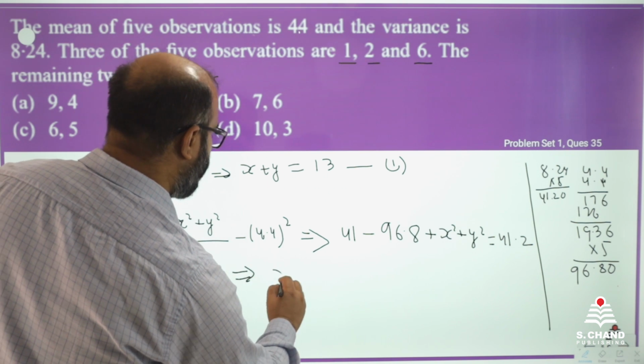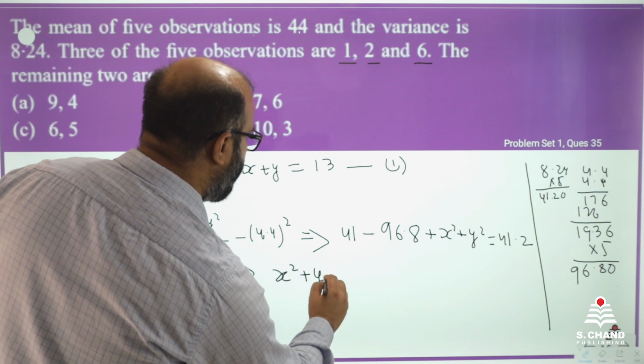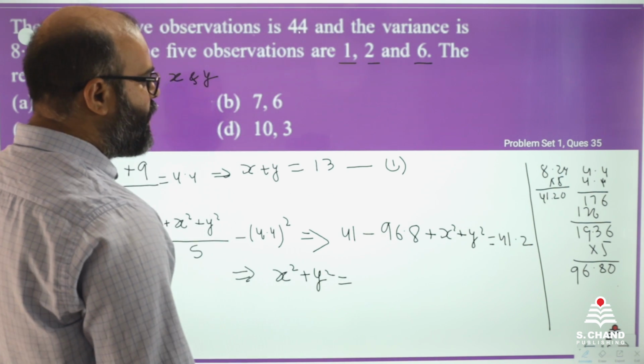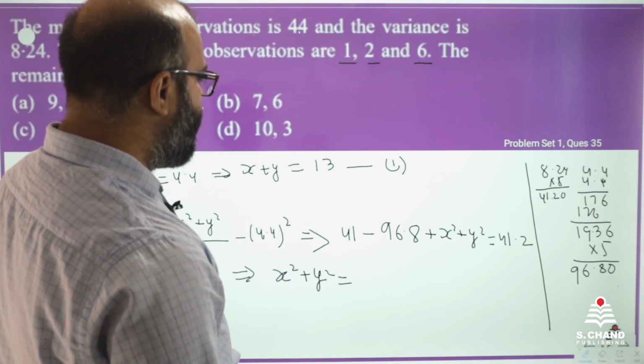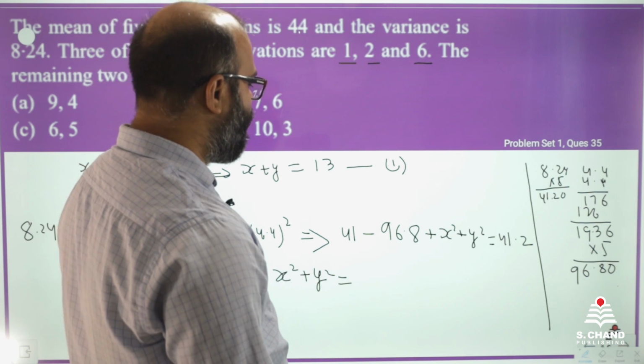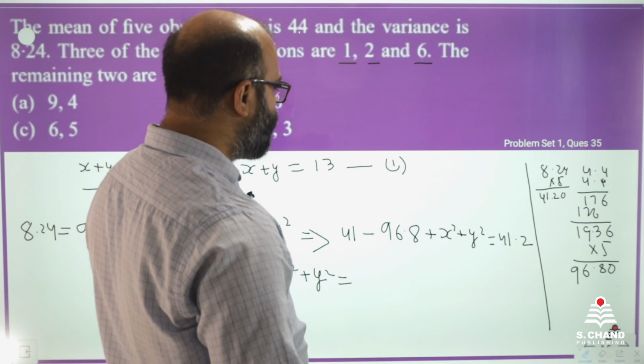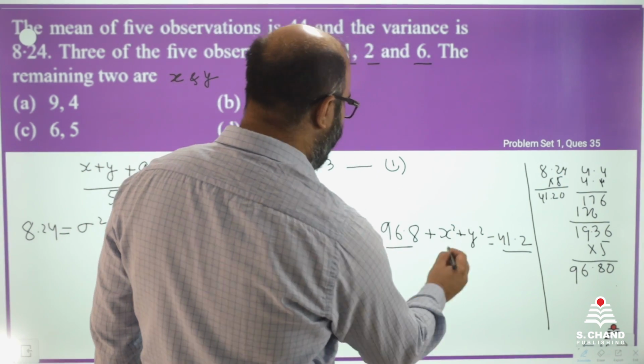So you will get x square plus y square is equal to 96.8 plus 41.2, and these two will get added up.